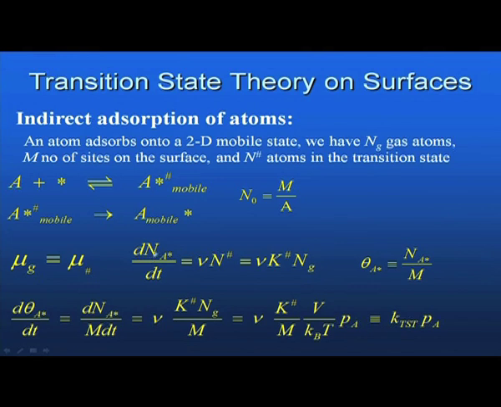That is why the rate of change of N_A star with time is written in this way, where theta is the fractional coverage, and from this we arrived at the relation d theta_A star/dt is equal to K_TST into P_A.